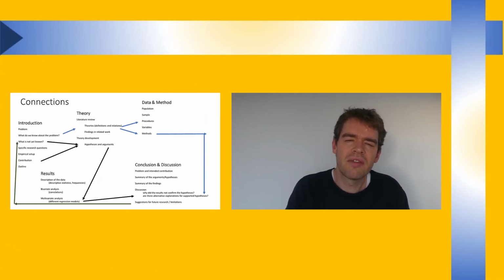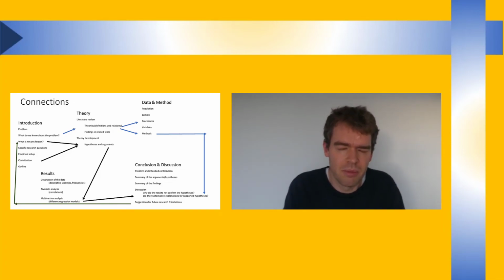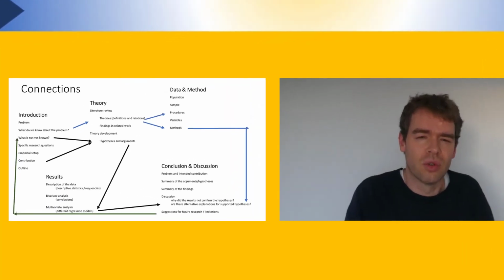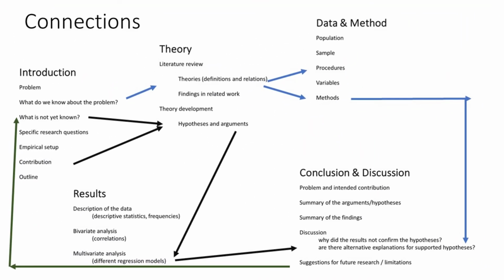Now there are a couple of connections that we've already discussed between the different components of the report. First, there's, on each of the slides that are presented, a vertical path that starts, for example, in the introduction from the problem to what we know, what we don't know, what our question is, etc. So within each of the sections there's a logical structure.